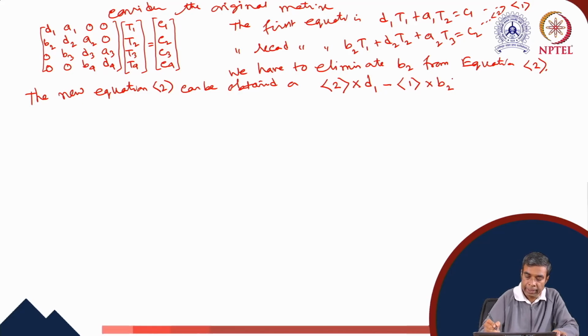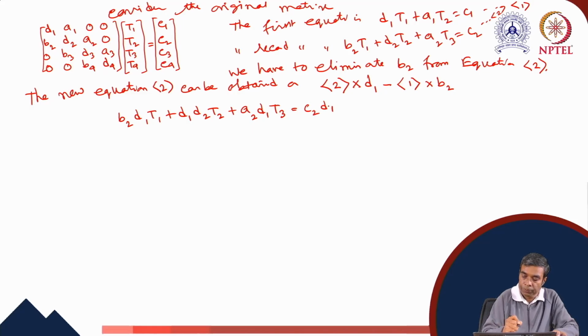So this gives us equation 2 into D1: B2 D1 T1 plus D1 D2 T2 plus A2 D1 T3 equals to C2 D1.